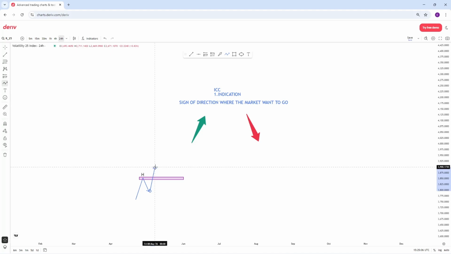This is our indication. The market wants to go up.